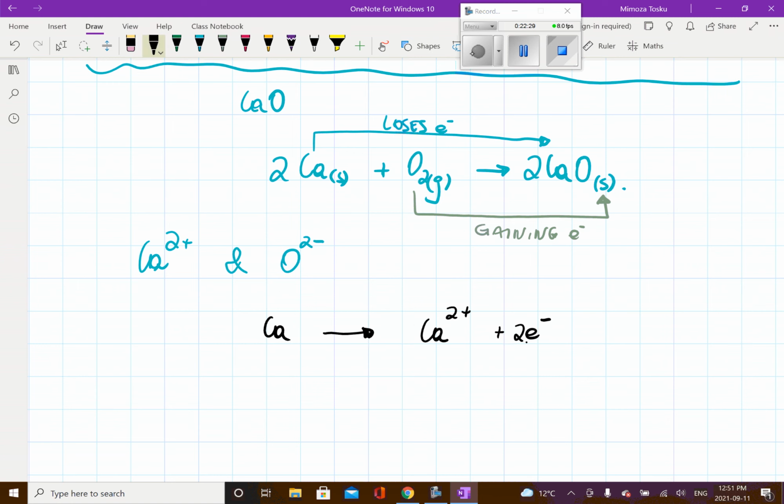If I match it up, I should have a 2 here, which means that everything will be multiplied by 2. So the final reaction will be 2 calcium, each giving up 2 electrons, creating 2 calcium ions and 4 electrons.